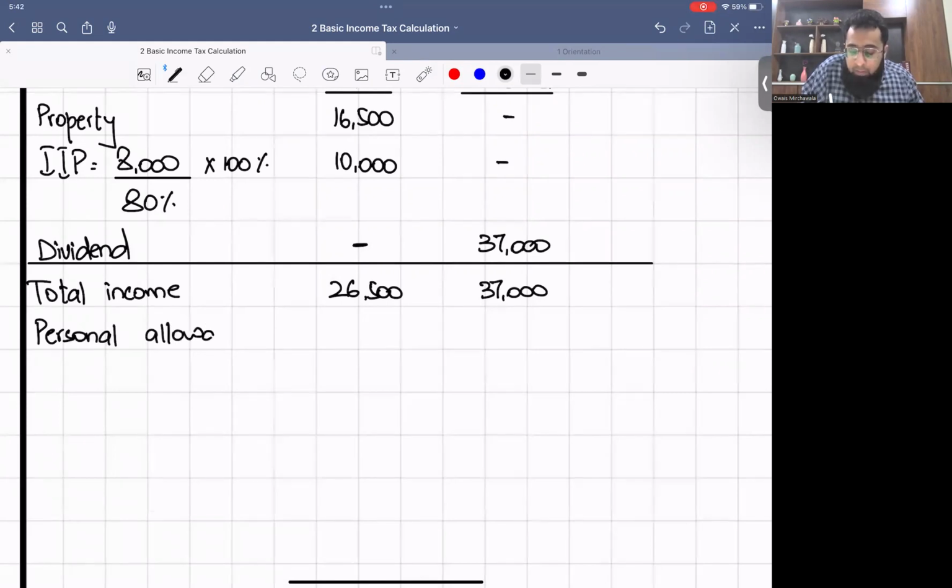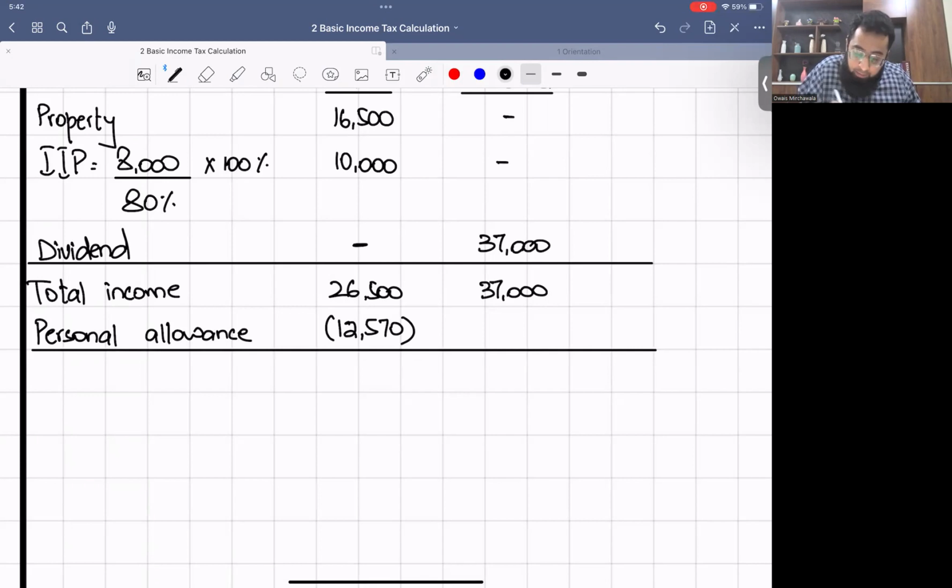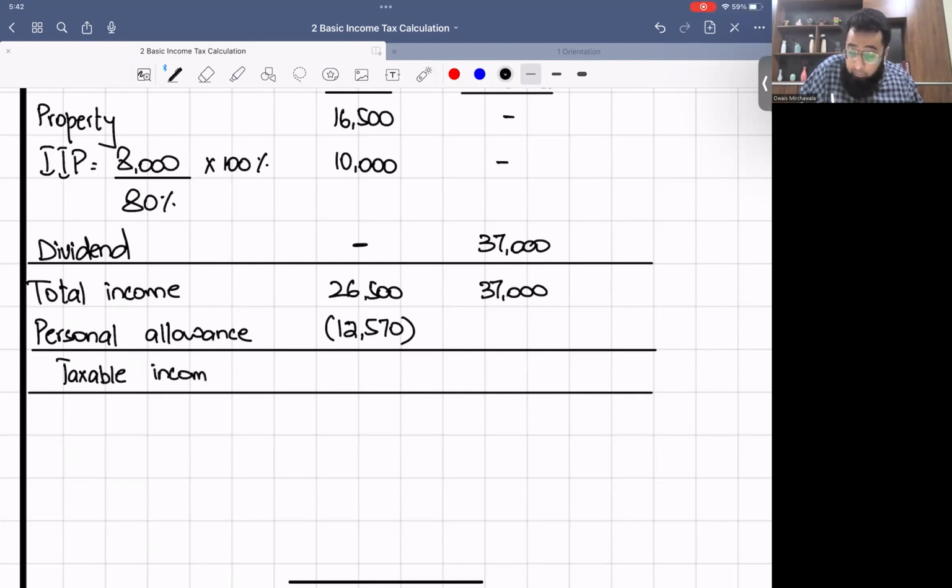Personal allowance is 12,570. So we'll get the value of taxable income. 26,500 minus 12,570 is 13,930, and this is 37,000.